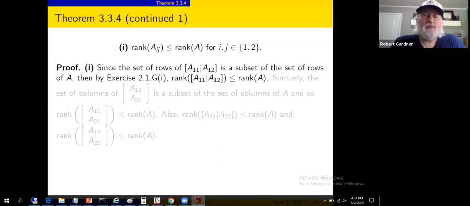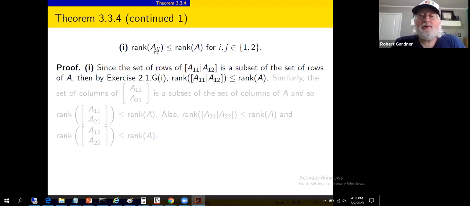I don't think they gave us dimensions, but there's a first bunch of rows in matrix A. That exercise we had above says, hey, if you have a subset of the collection of rows, then the dimension of the span of the subset is less than or equal to the dimension of the bigger set. Here, the dimensions are ranks of matrices. The rank of a matrix is the dimension of its row space, right? Also its column space. I want to talk about rows because of the way we're looking at the partition. So we can conclude the rank of A11 partition A12 is less than or equal to the rank of A.